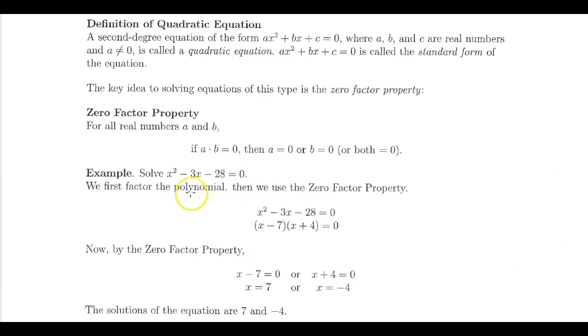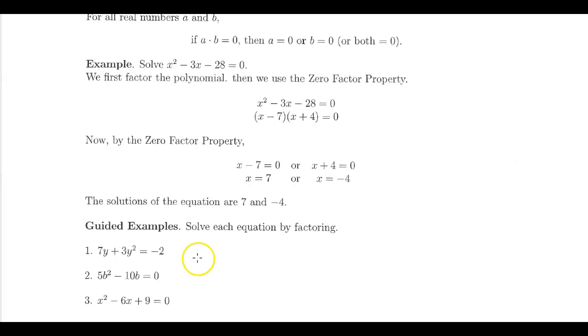So we can substitute these back into the original equation, and if we factored correctly, we should be okay. We just want to make sure we FOIL back and check our factors, and we'll have a good time with these equations. Okay, we have some guided examples I want to show you.